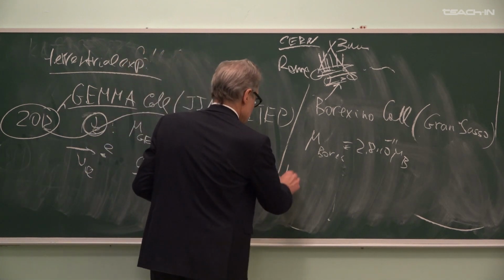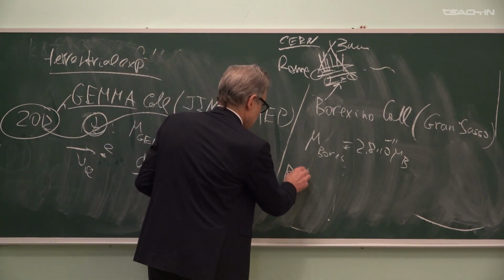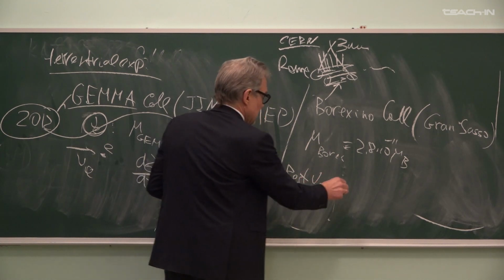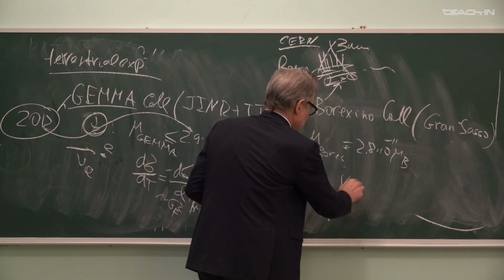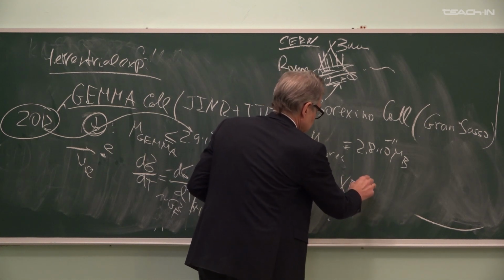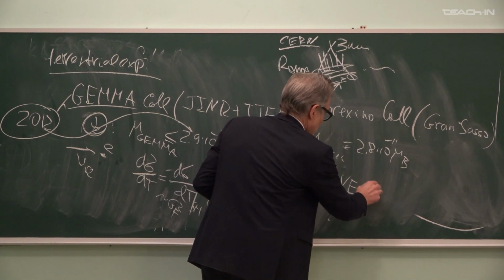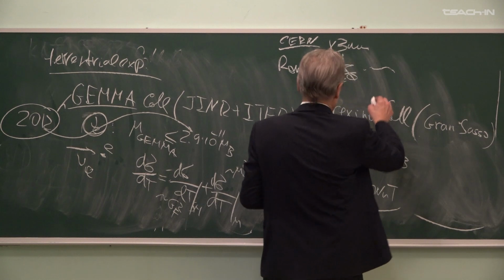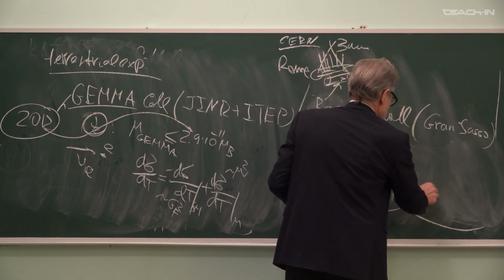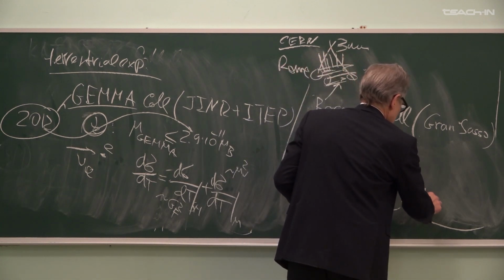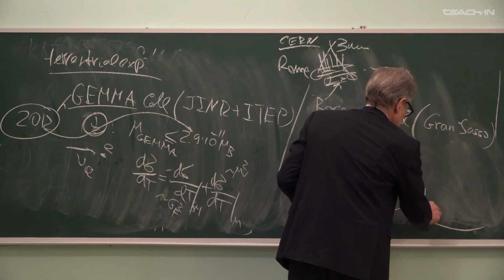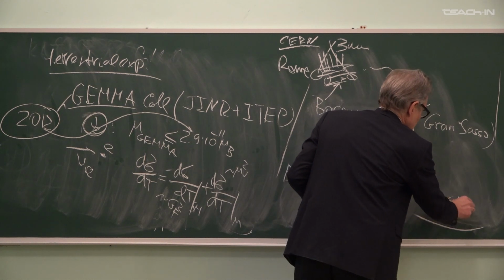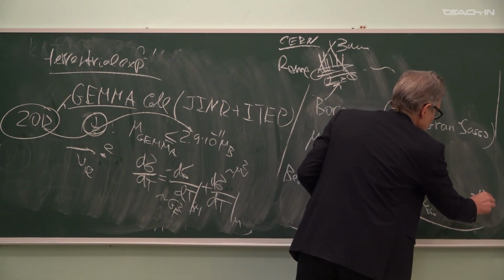The best limit from the solar fluxes has been obtained recently by the XENONnT experiment, also with solar neutrinos, and this limit is something like 6.2 times 10 to the minus 12 Bohr magnetons.